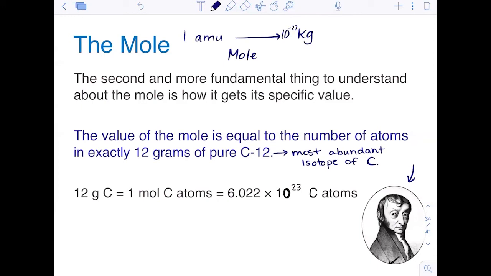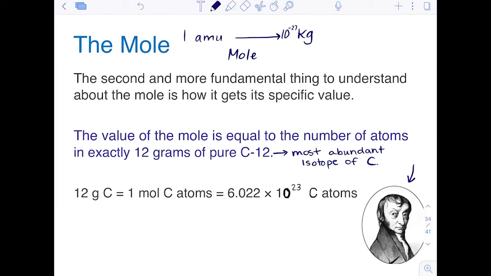The other isotope of carbon that is naturally occurring is carbon-13, but it's really only about 1% of carbon. There is such a thing as carbon-14 dating. However, that is very, very small amounts, and so that's not in this discussion or usually ever in calculations with finding any sort of average atomic mass of carbon.